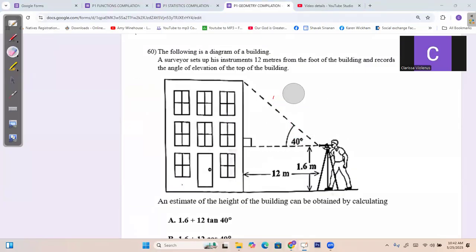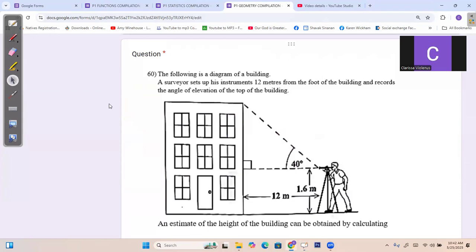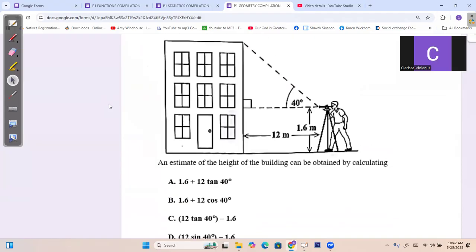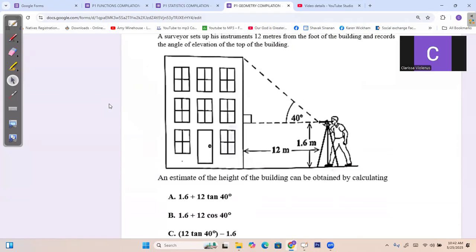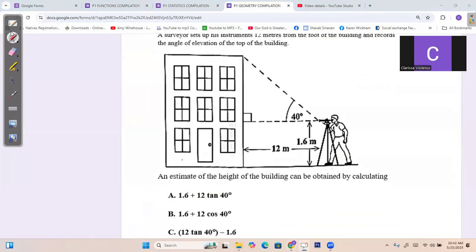So this drawing, lots of drama here. An estimate of the height of the building can be obtained. So what we have here is 12.